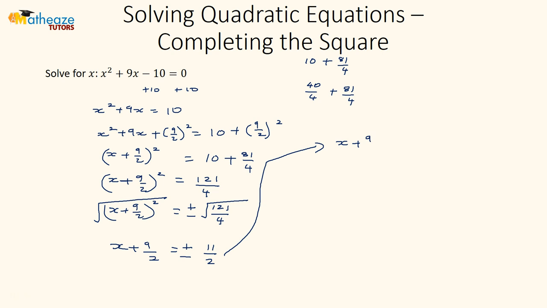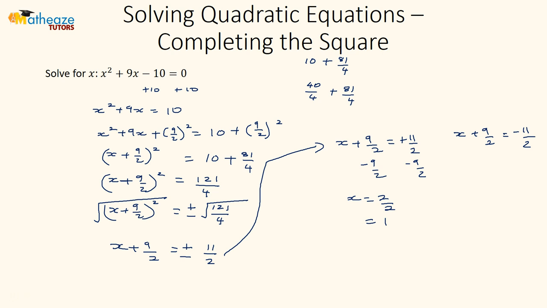x + 9/2 equal to positive 11/2. We also have x + 9/2 equal to negative 11/2. So let's subtract 9/2 here. So x is going to be equal to 2/2, which is equal to 1.